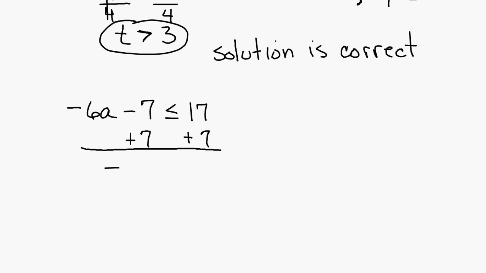So negative 6a is less than or equal to 24. The next step to solve for a is to divide both sides by a negative. So this is real important. You're going to divide both sides by a negative.